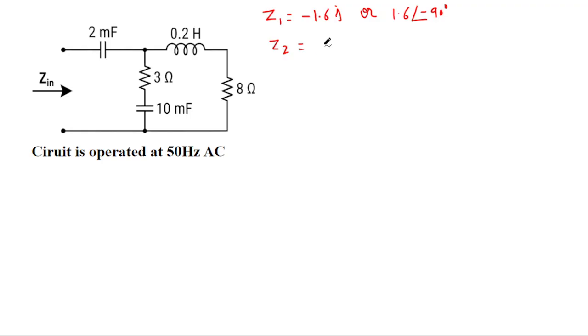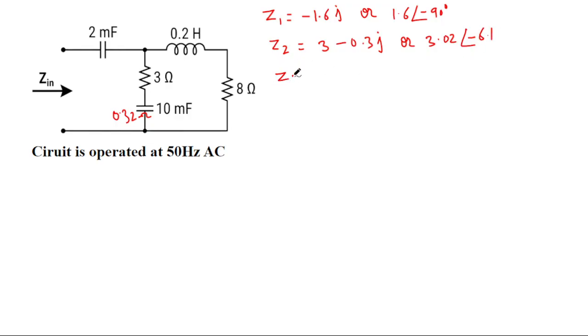The value of Z2 is 3 ohm resistance, and the 10 millifarad capacitance gives 0.32 ohm. So it will become 3 minus 0.32 j, or in polar form 3.02 at the angle of minus 6.1.